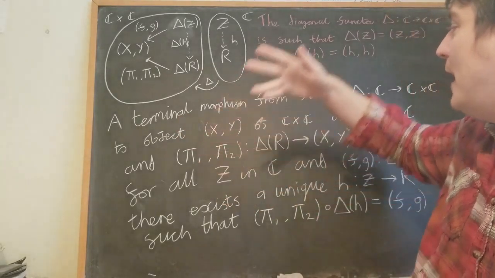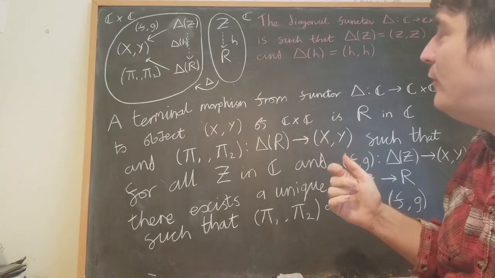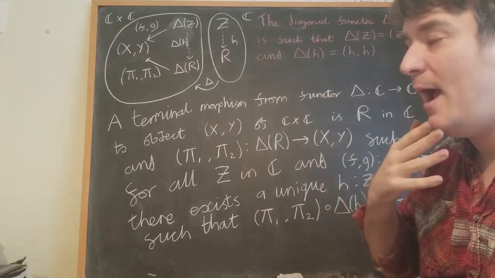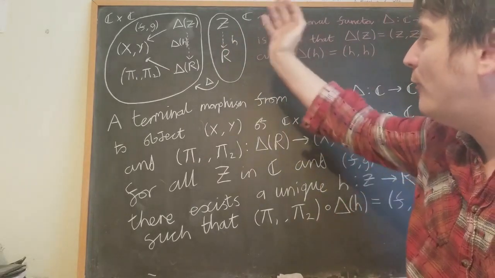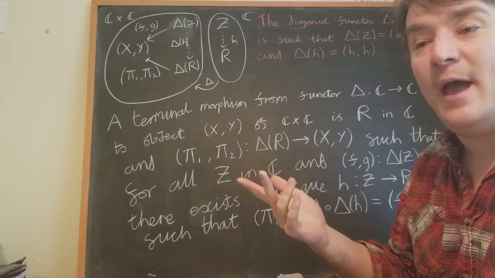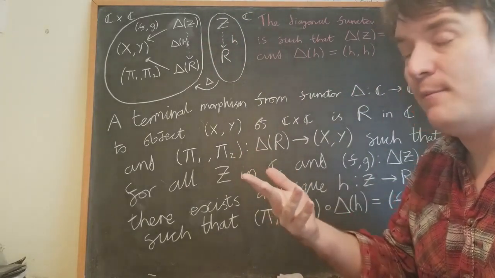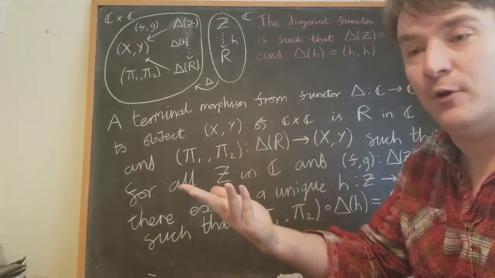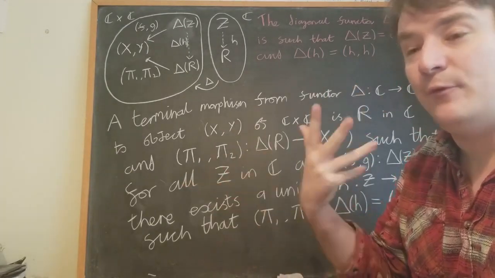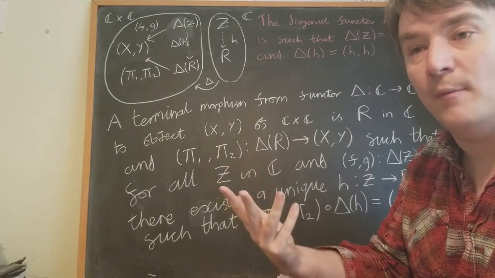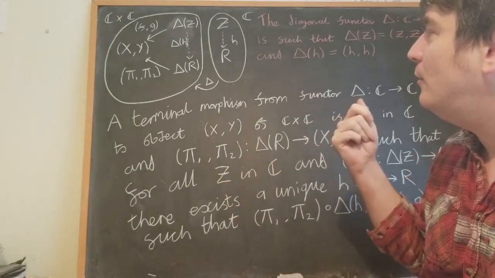So what we're going to do now is define a couple of categories, and a special kind of functor, and then we're basically going to say, okay, what's going to be a terminal morphism related to this construction? And that's going to turn out to be precisely the categorical product of a couple of objects.